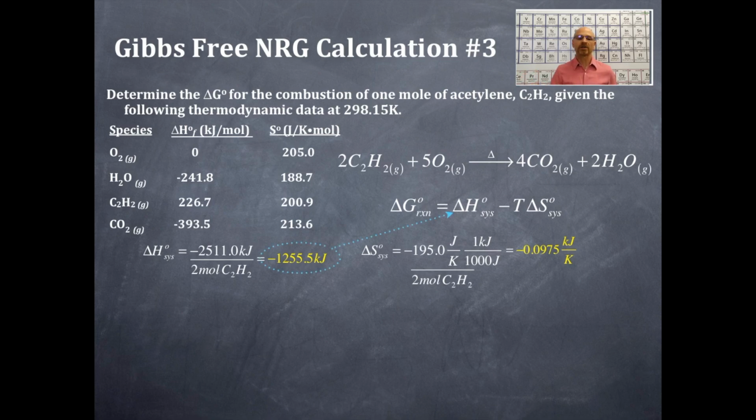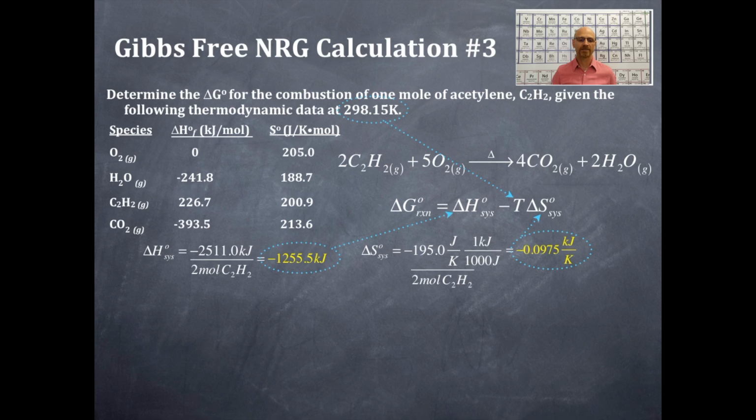Super cool. Here is my delta H term, here is my T term, and here is my delta S term. Notice that my units are going to cancel here because I've already done the conversion with the entropy term from joules to kilojoules. And the Kelvin temperatures are going to cancel out with my Kelvin temperature.